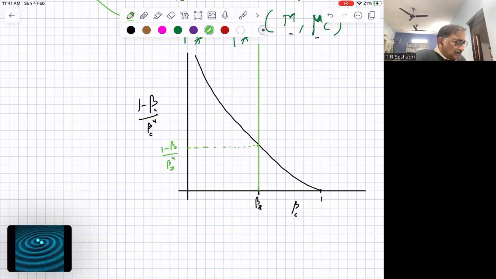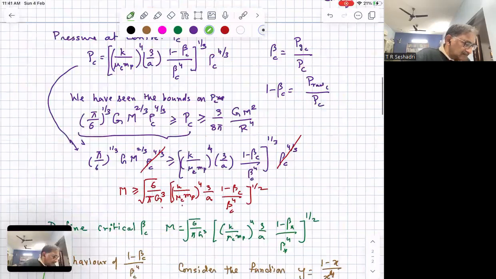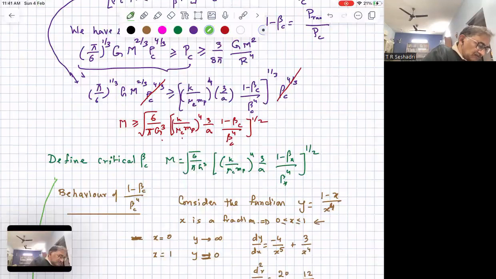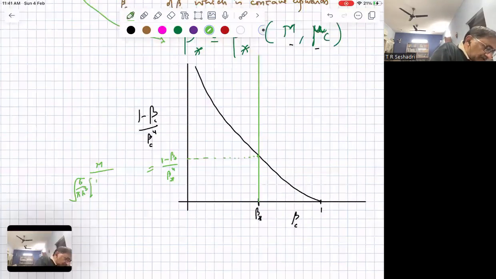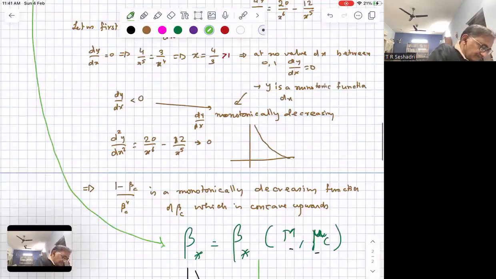Now if I go back to my mass here, this quantity is nothing else but mass divided by all this, square root of 6 by pi G cubed, and then whatever, k by mu c m_p to the power 4, 3 by a, to the power 1/2. Right?